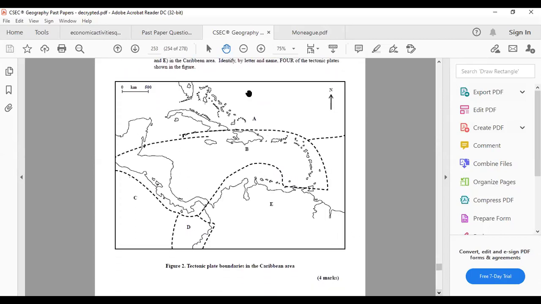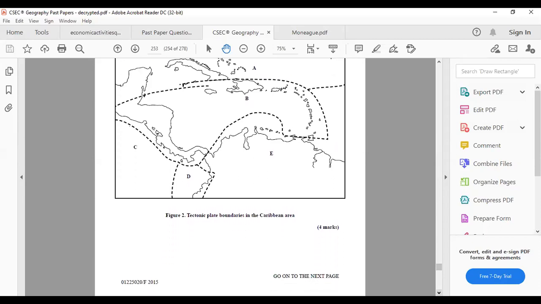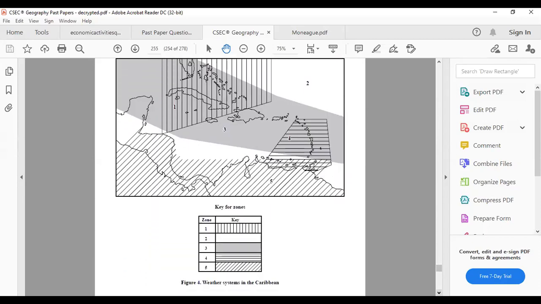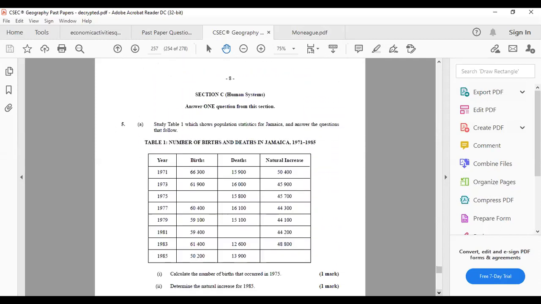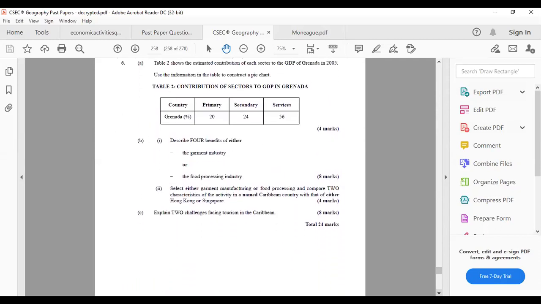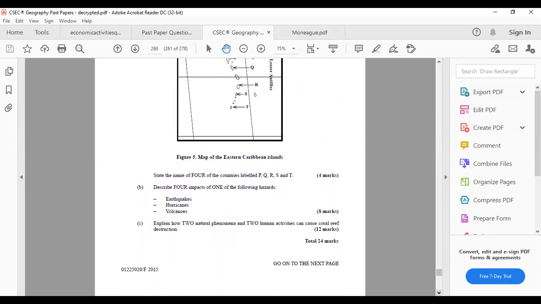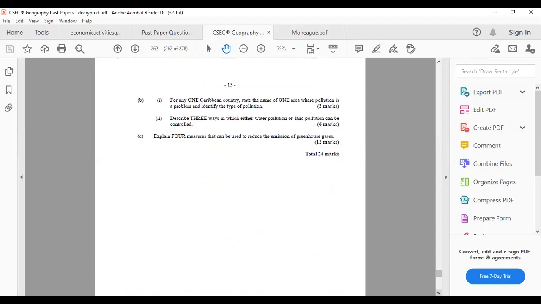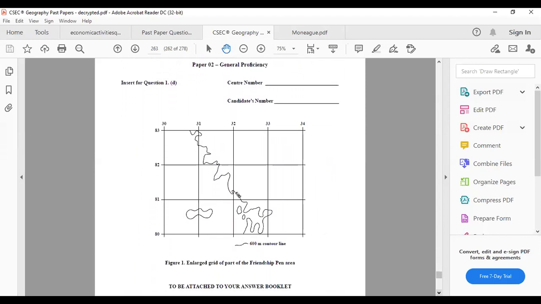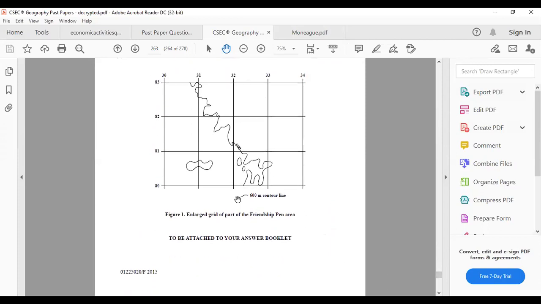Contour lines is one way, but what is the absolute way of finding the highest point? Trig station, the trigonometrical station. So first thing you look for is the trig station. If you don't see the trig station, then you go ahead and look. So in this map, we already see that there's no trig station. So your highest point is how much? 600 meters. Everybody understand that?